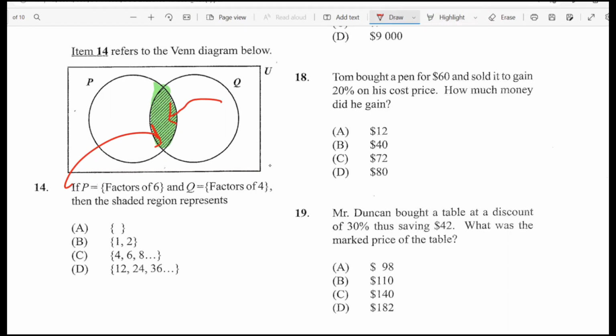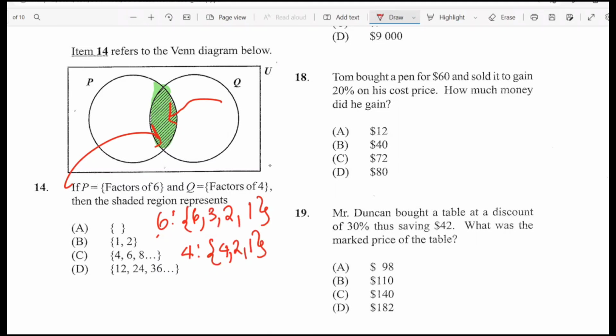All right. So what we want to do quickly is to list the factors of 6. Factors of 6 are as follows: 6, 3, 2, 1. All right. Factors of 4 are as follows: 4, 2, 1.